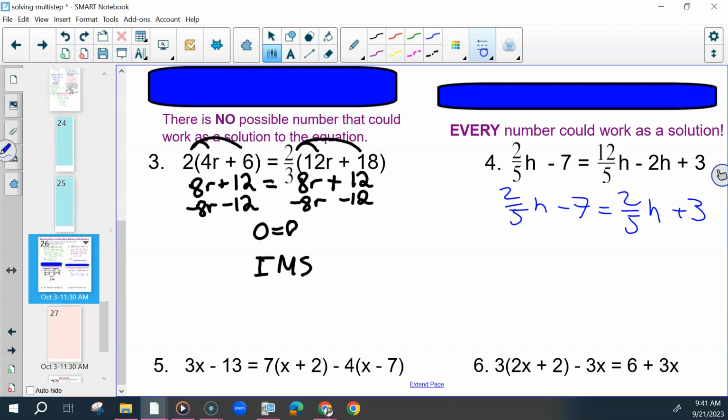So you could stop there if you recognize that, or keep going. NS or no solution, you could write it out. If you added 7 instead of subtracting 3, you would end up with 10 equals 0. It's still no solution either way. Do you have any questions about that?